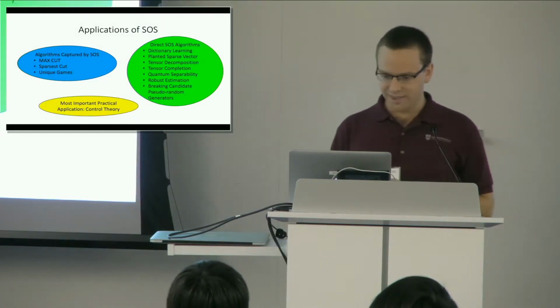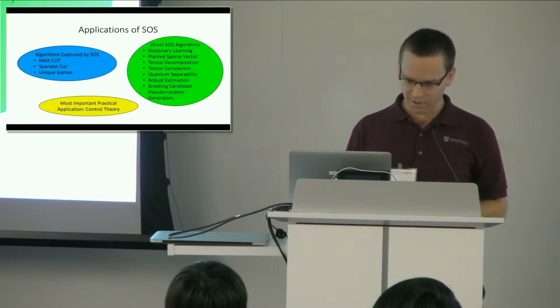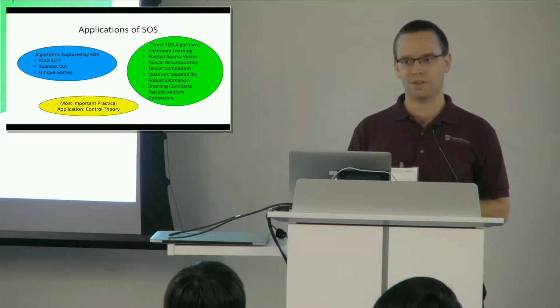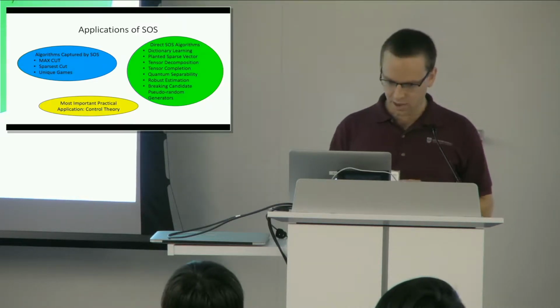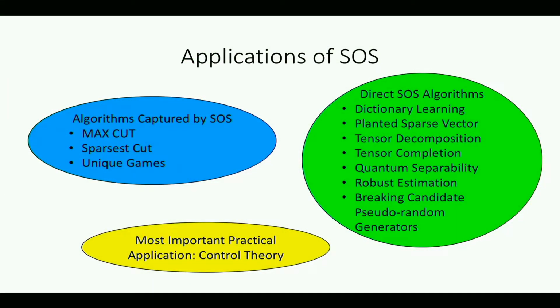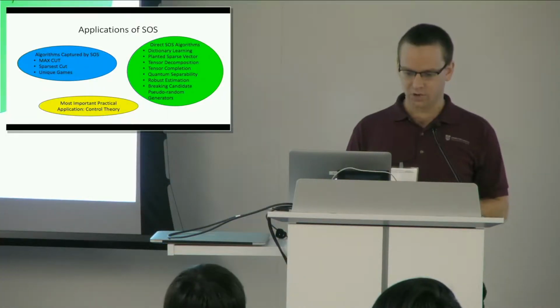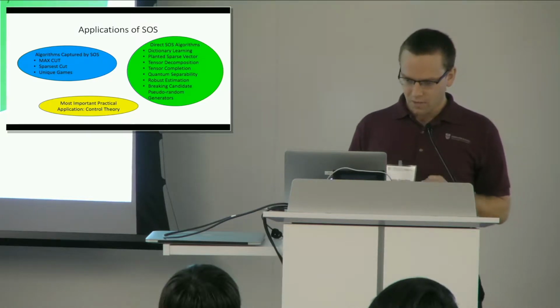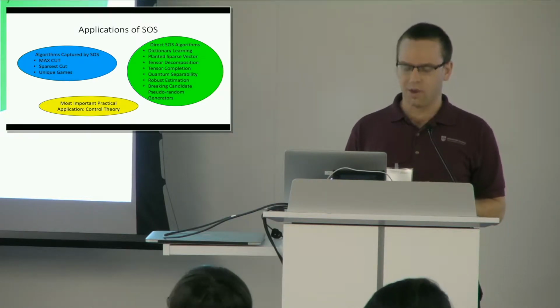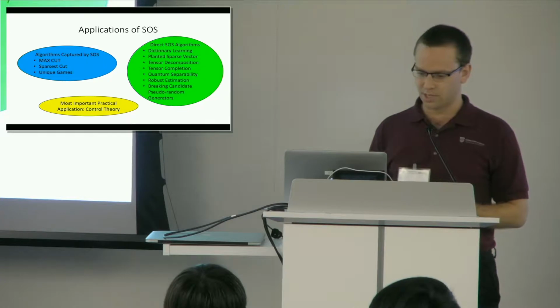So just to highlight that SOS is indeed formidable. At first, there were several algorithms which were discovered directly: Goemans-Williamson for max cut, the Goemans-Linial relaxation for sparsest cut, analyzed by Arora, Rao, and Vazirani, and the Arora-Barak-Steurer algorithm for unique games, which were later realized to be captured by SOS.